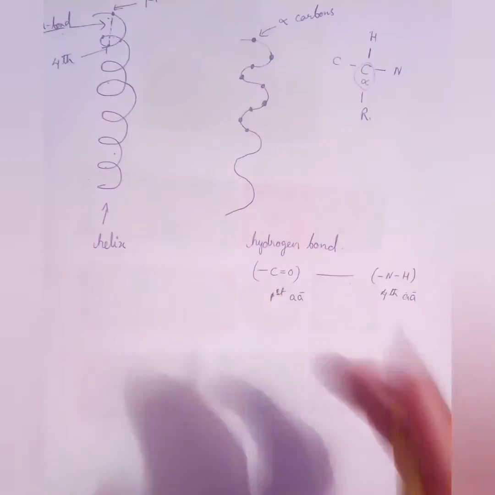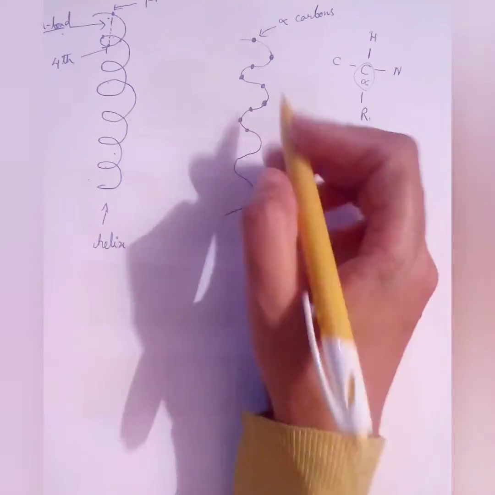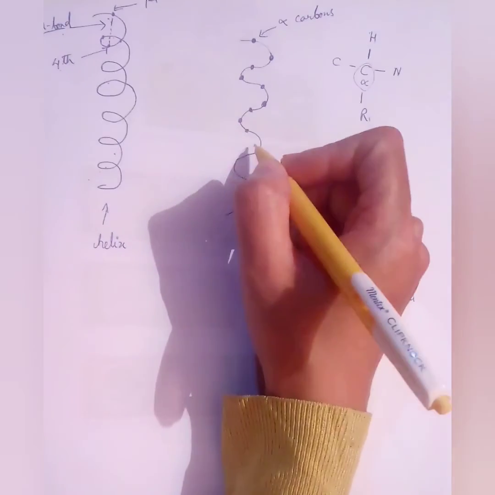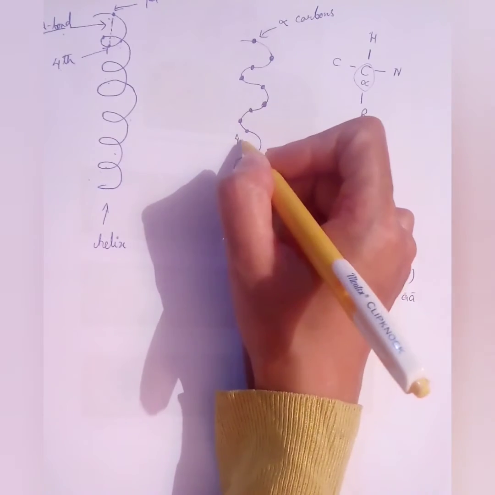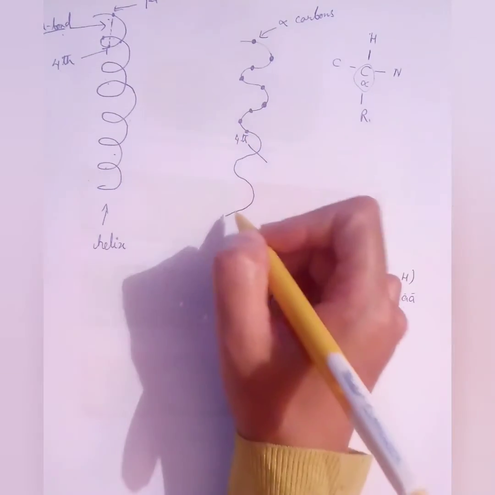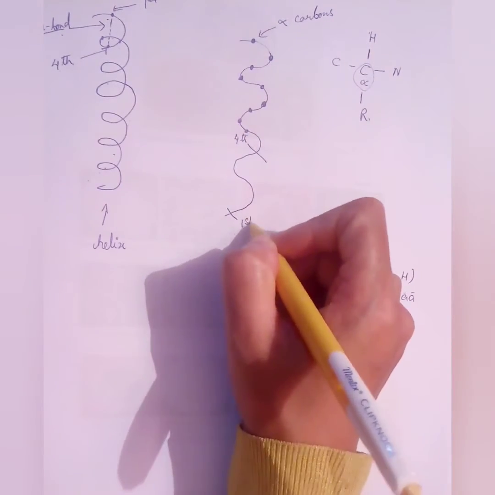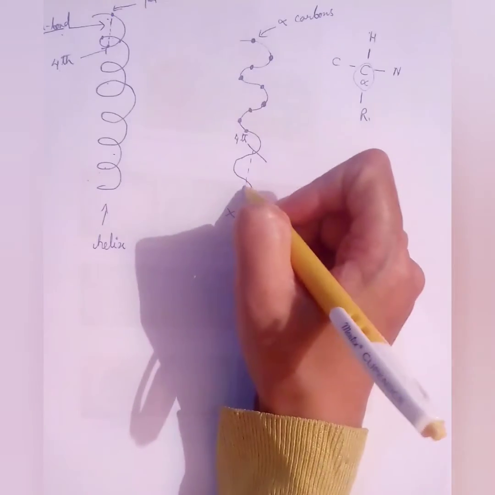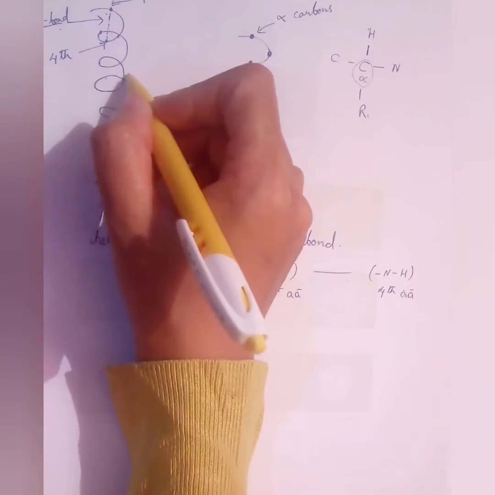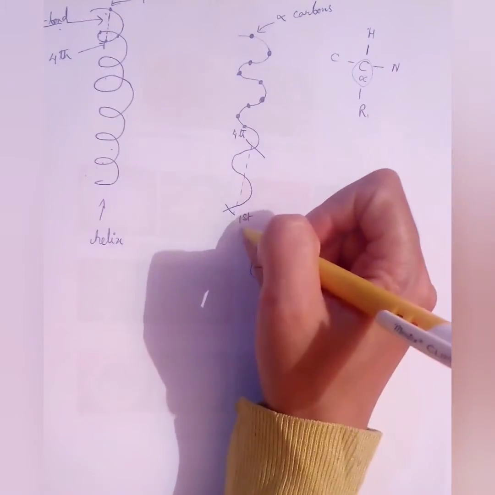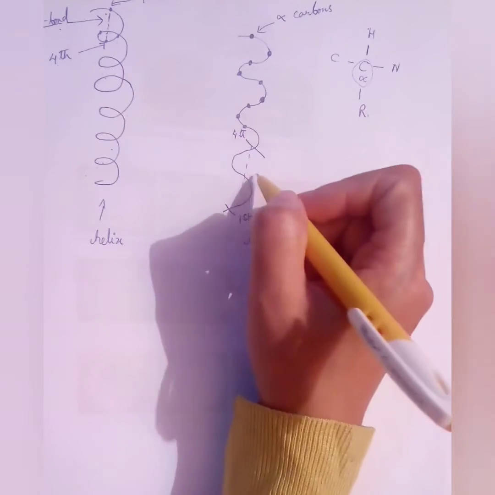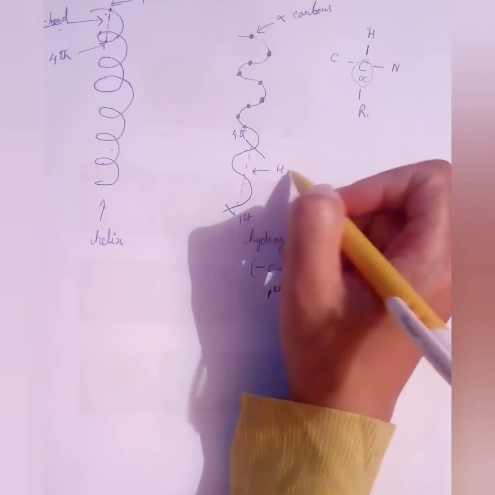So just remember, in an alpha helix, if I have the first amino acid residue and the fourth, these two will link together in one turn. In this one full turn, the first is linked to the fourth amino acid through a hydrogen bond.